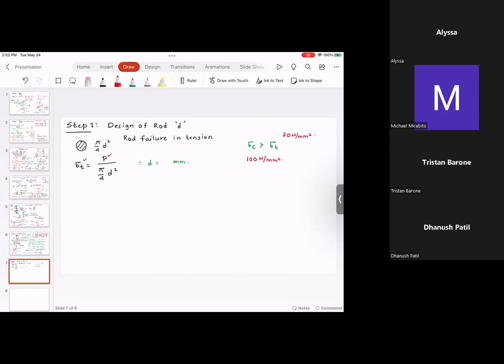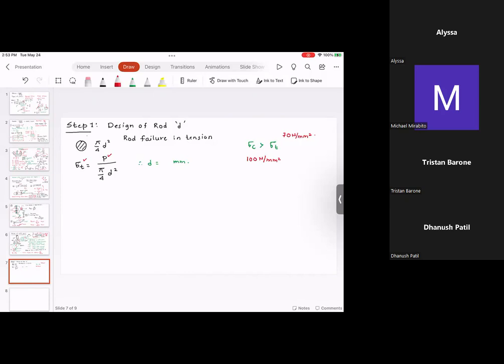That means if I use the value of sigma t, my diameter would be larger than if I were to use the value of sigma c. So the rod diameter is found using tensile failure and not compression failure.